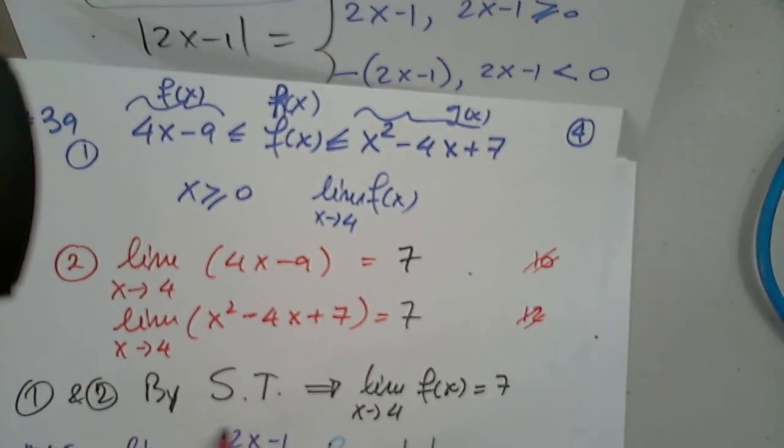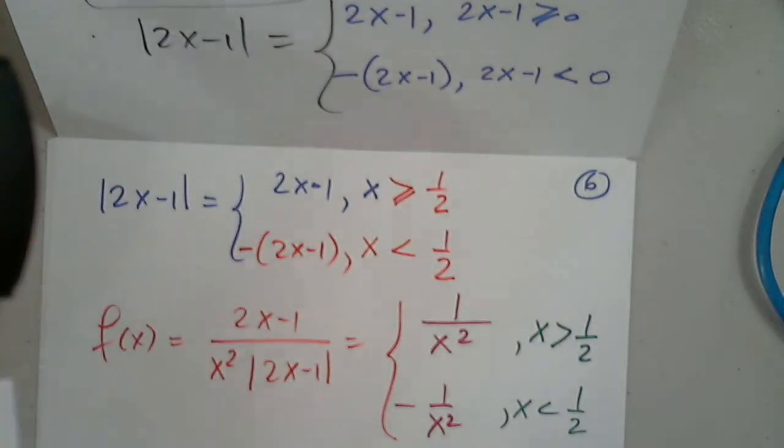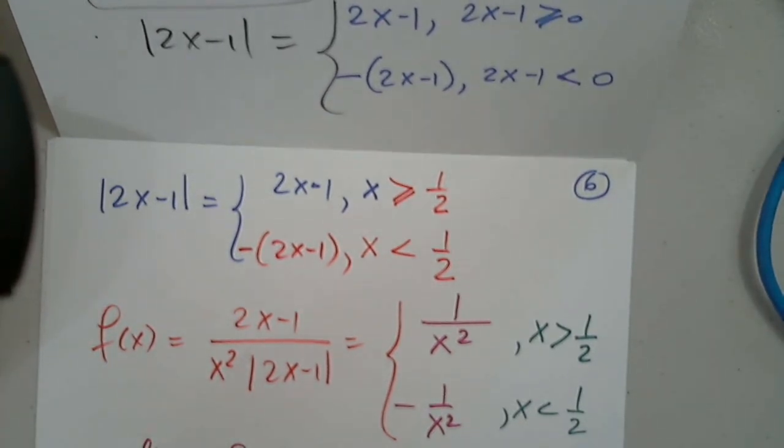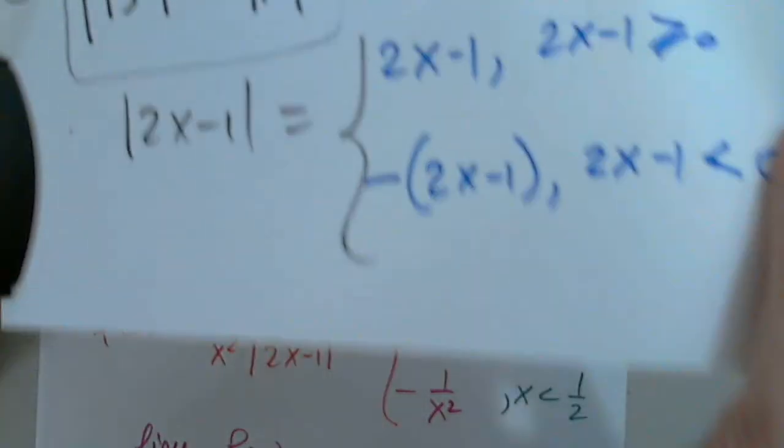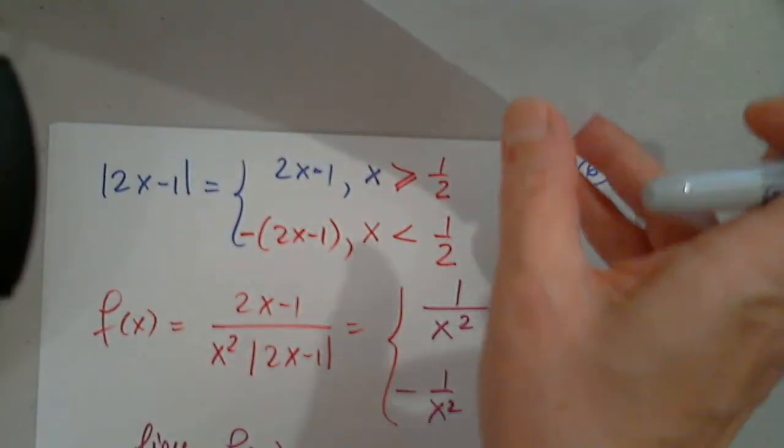My limit is asking me to find the limit as x approaches 1/2 from the left from this function. I'm not going to even copy it. I don't care. It's that function. Okay. But now the question is, which branch am I looking at? It can be both.